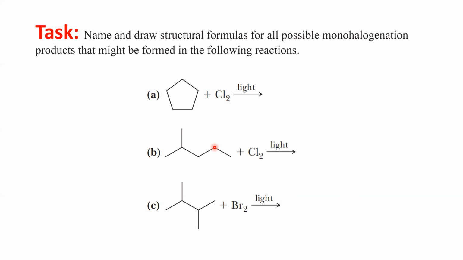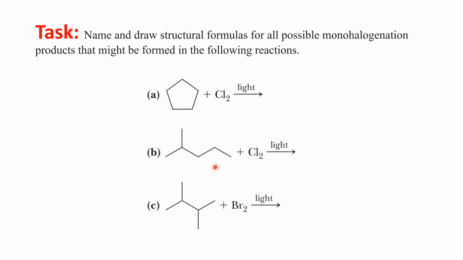So here, this is the task for you, and for these three, you have to draw the structures of all of the monohalogenated products. I'm again emphasizing that you have to keep in mind that this is a line structure, and wherever there are hydrogens, you can place one Cl, and then assign and select the longest chain and the position to name that one.